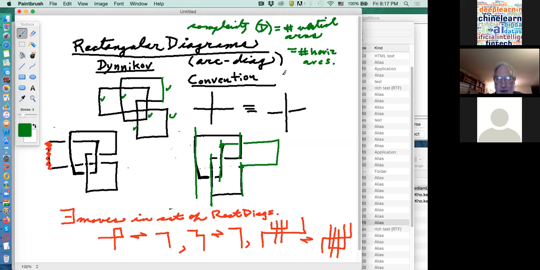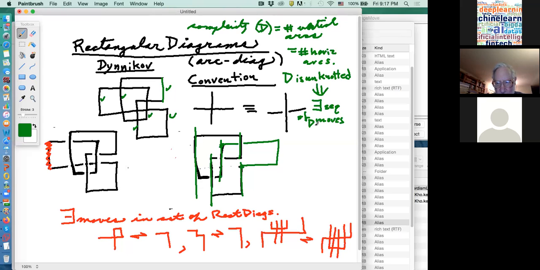And then what Dynnikov proves is that if D is unknotted, then there exists a sequence of moves.